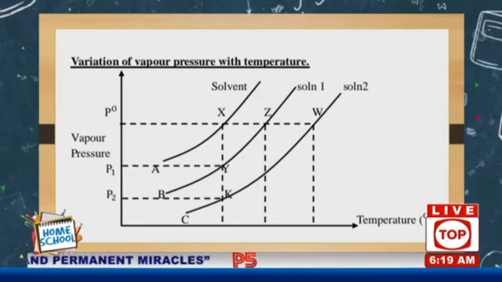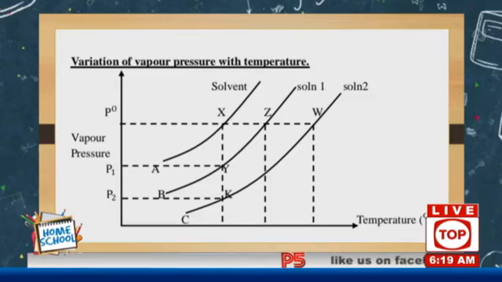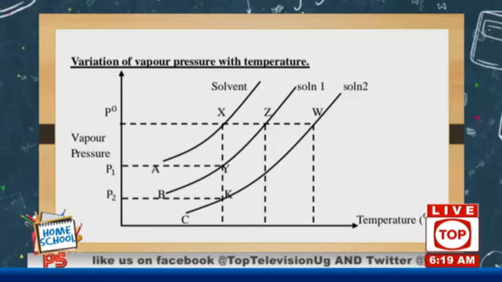Then the one at Y, the one which has had a very big increase in temperature, will be less dilute. The one which is very dilute is the one which heats up to Z degrees Celsius.